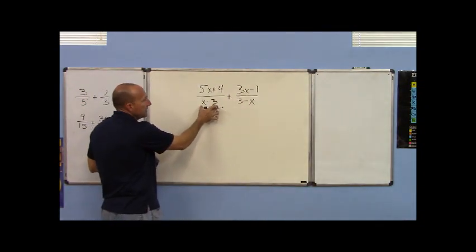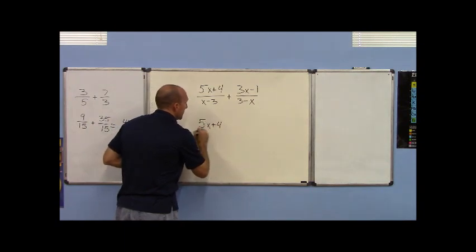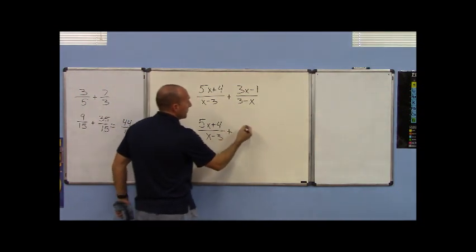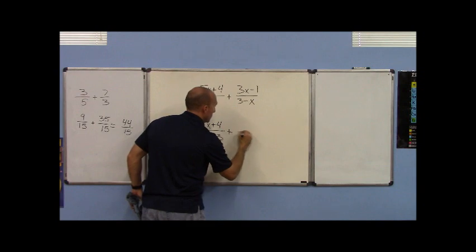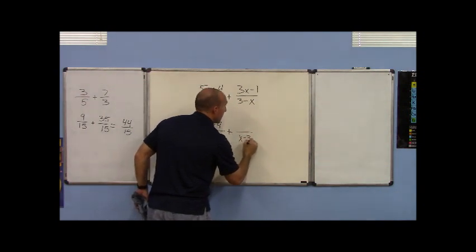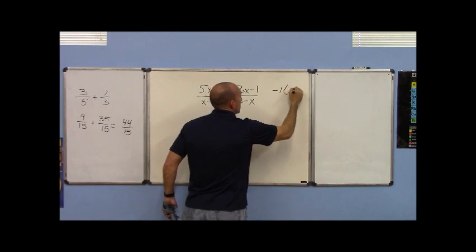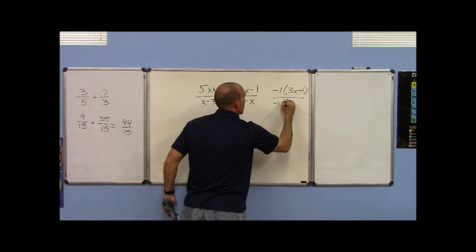This one did not need to change, so it stays the same. 5x plus 4 over x minus 3 plus, now we have to multiply, we'll go ahead and put x minus 3 off to the side. We have to multiply the top times the same thing.